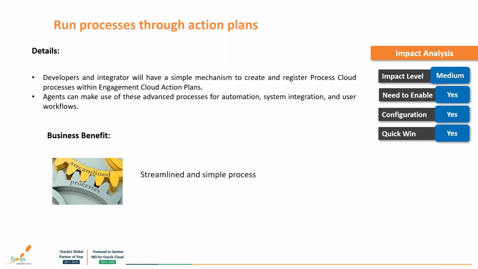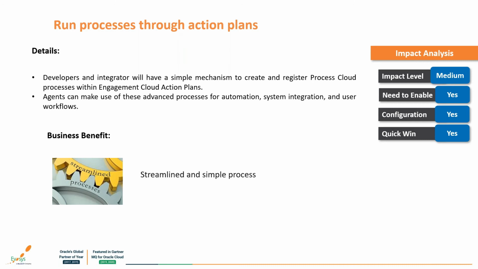This is also an interesting feature of HR Helpdesk, where agents can make use of these advanced processes for automation, system integrations, and user workflow. To use this feature, you need to have the B2B service administrator or TCS administrator role. And yes, this makes your process very simple.